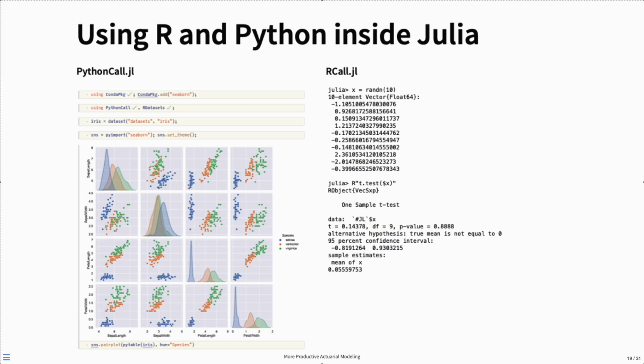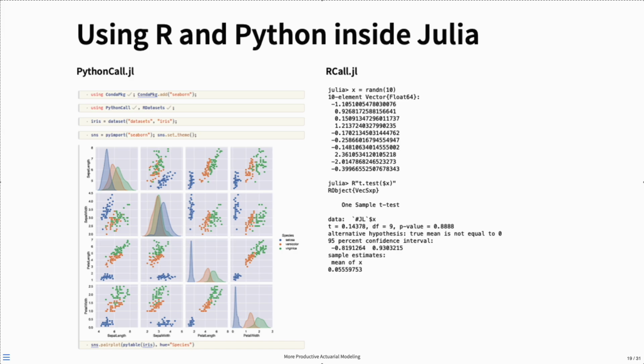Another example is using R and Python inside Julia. So Julia is able to call out to Python or R so that you're able to use existing libraries, maybe because the functionality doesn't exist in Julia, probably not, but maybe it's more fully formed in some Python or R library, or maybe you're working on porting some code over to Julia and you want to prove out that what the Julia code is doing is the same thing as what the R or Python code is doing.